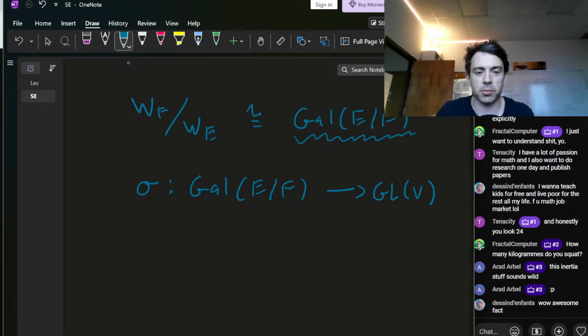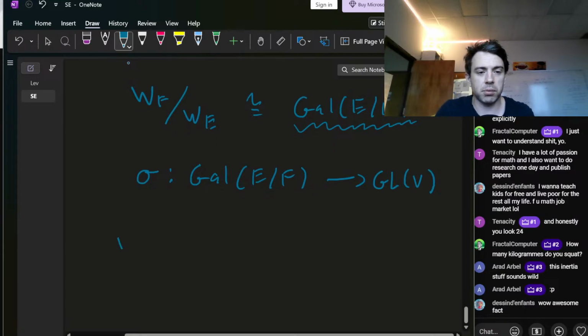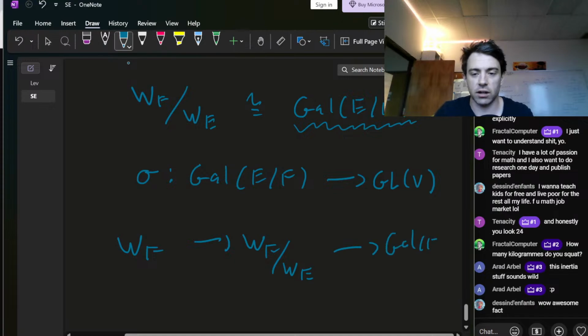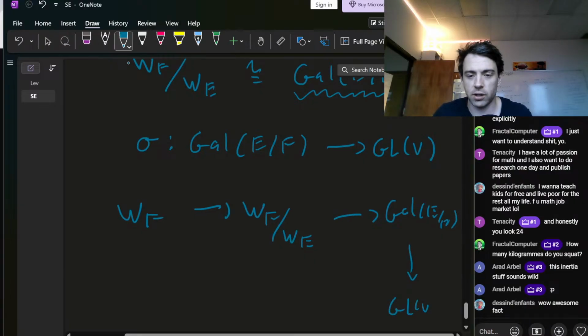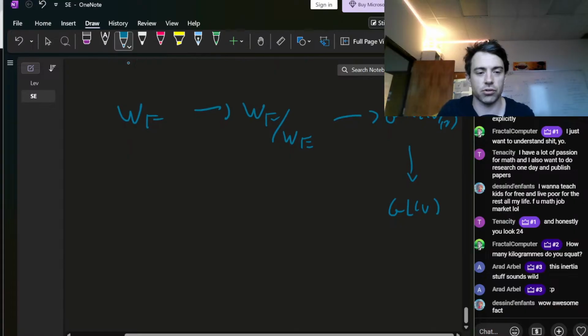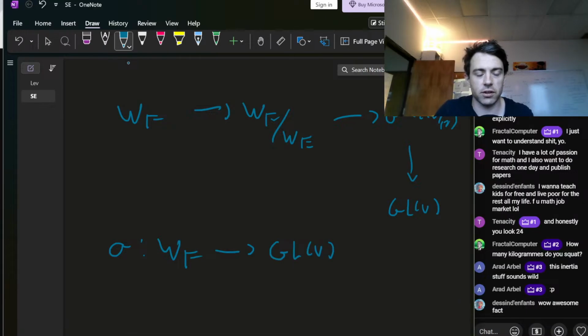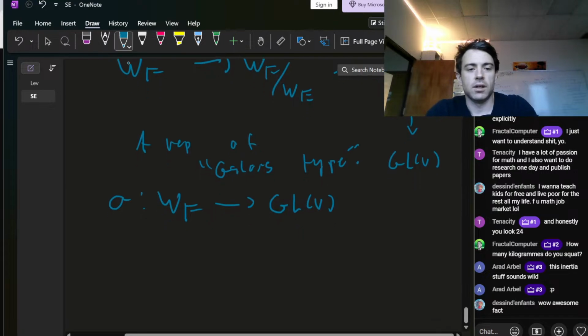Take some irreducible representation, and now you can pull it back to the Weil group, right? You just take the composition of the quotient and the isomorphism with sigma, and then using some abusive notation, we can basically just write sigma for a representation of the Weil group. So we would call this a representation of Galois type.